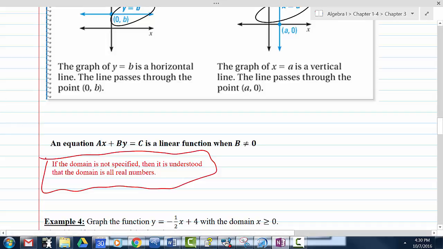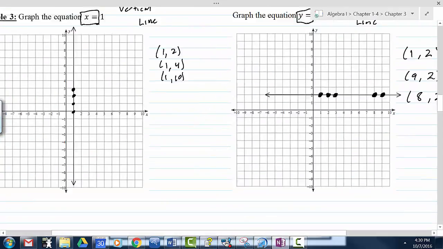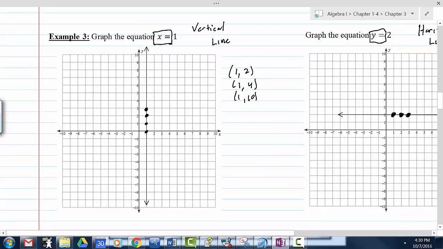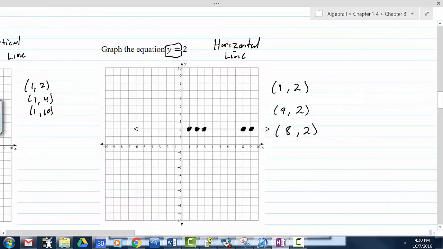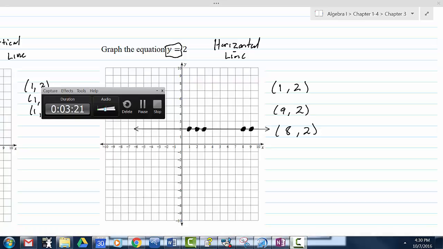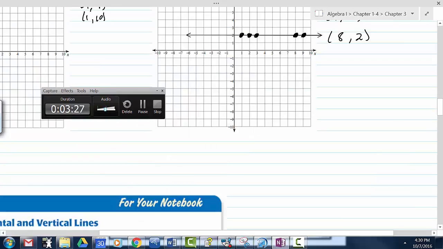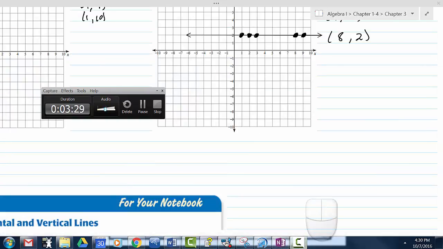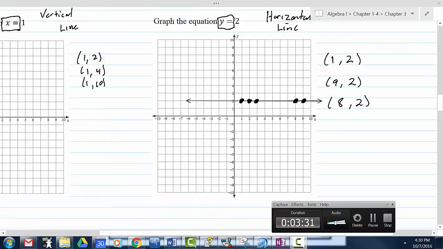But what if we do specify? If we graph the line, just like how we graph these lines right here, your domain is everything. When you graph this line right here, your domain is pretty much all numbers. That's why it goes from the arrow pointing from one place to the other place, right? I don't know why that's there. Let's put that down there.